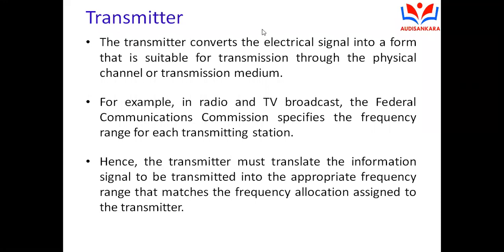The function of the transmitter is that it converts the electrical signal into a form suitable to transmit over the transmission medium. That is called the transmitter. So the transmitter must translate the information signal to be transmitted into the appropriate frequency range that matches the frequency allocation assigned to the transmitter.